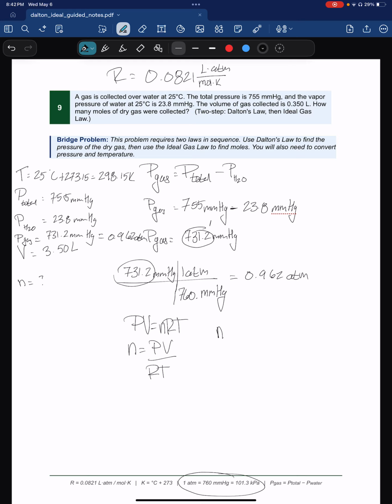N is equal to the pressure, 0.962 atmospheres, times my volume, which is 3.50 liters, over my gas constant, 0.0821 liter atmospheres per mole Kelvin, times my temperature, 298.15 Kelvin. And I can grab my calculator.